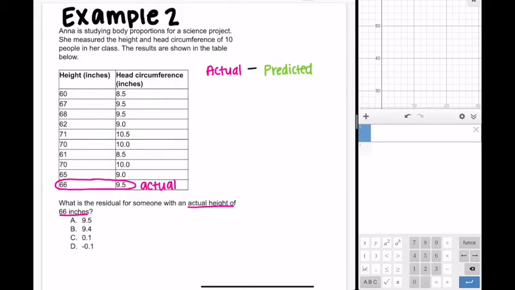So the actual head circumference is 9.5 inches for someone who is 66 inches tall. So we want to know what is the predicted head circumference for someone who is 66 inches tall.